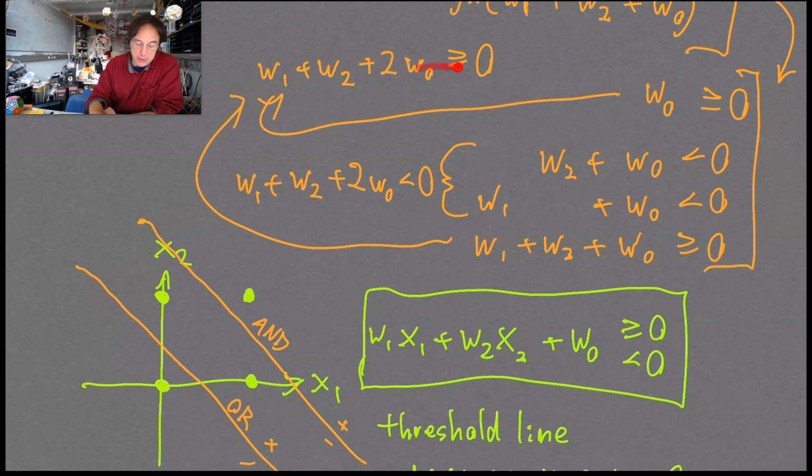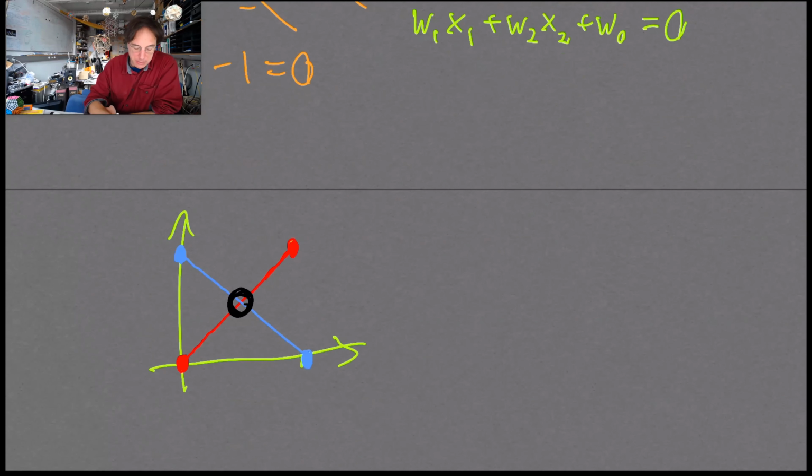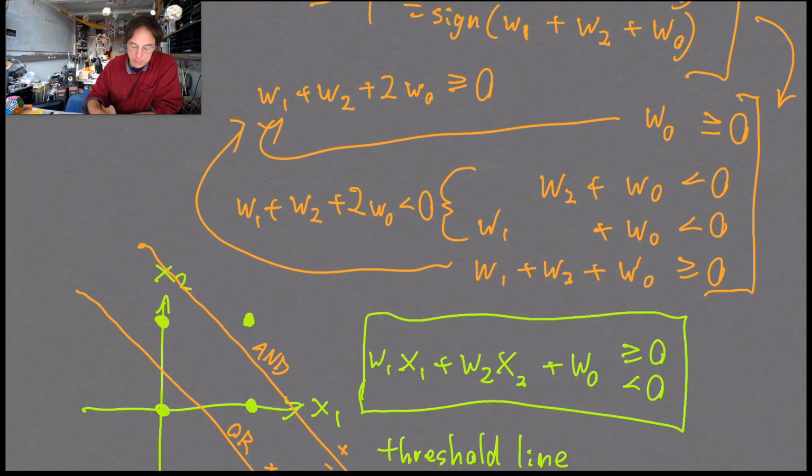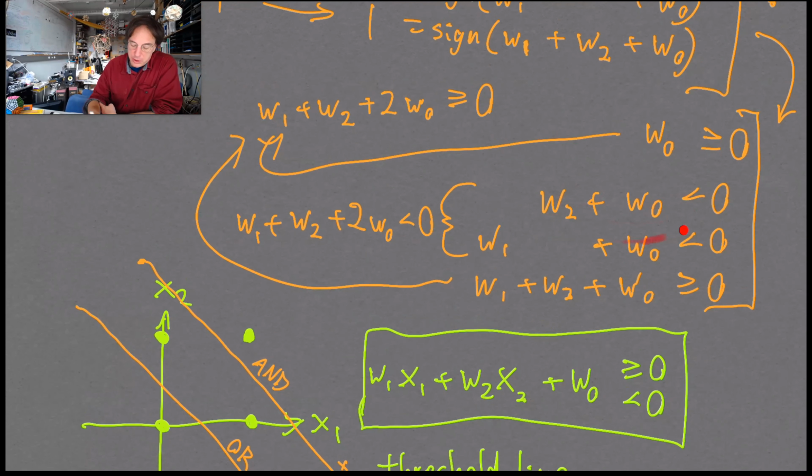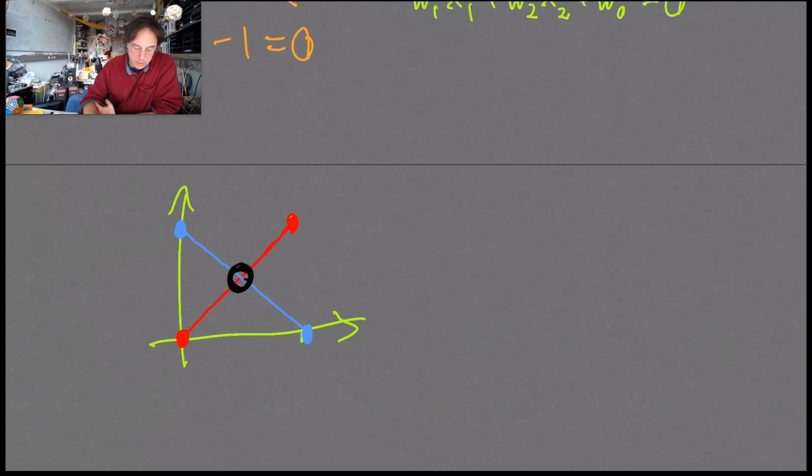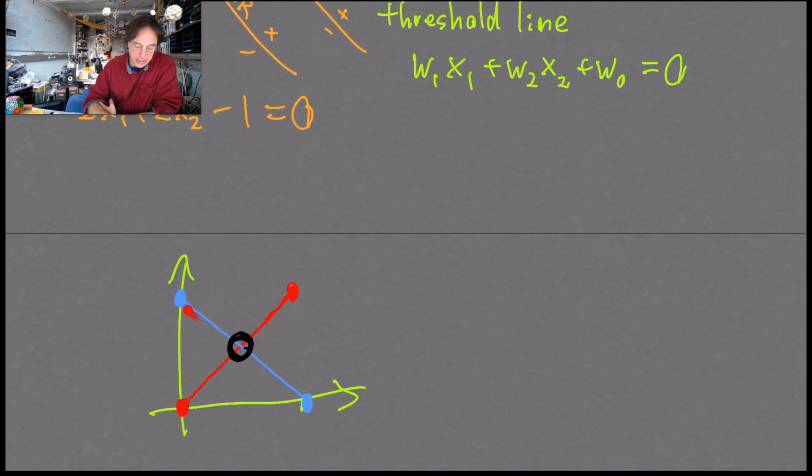So if we would divide this by 2, we would have exactly the average, which would be the geometric midpoint of the 2 red points. And we did the same thing for the blue points. We took those 2 equations, we added them up. If we would divide by 2, that would be the average. So there we're saying exactly the midpoint has to be on the other side of the line. And so what we were doing with the inequalities is exactly the same as this geometric picture.